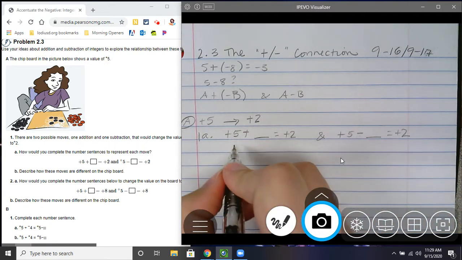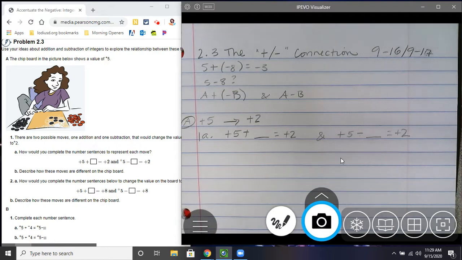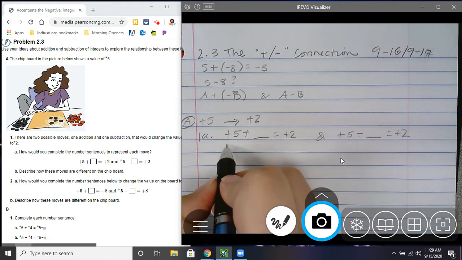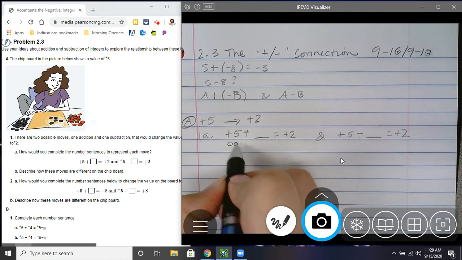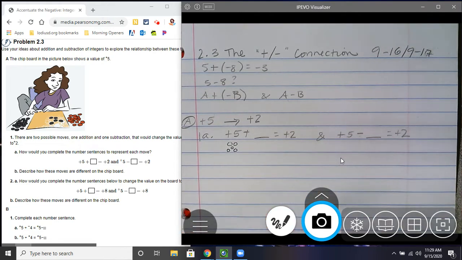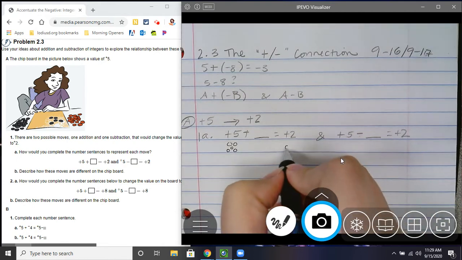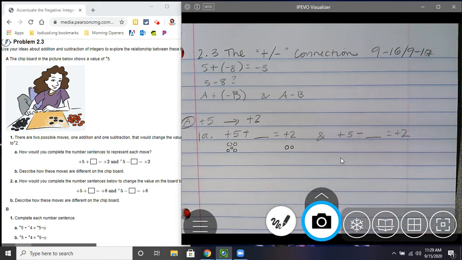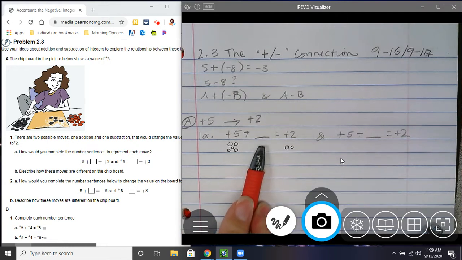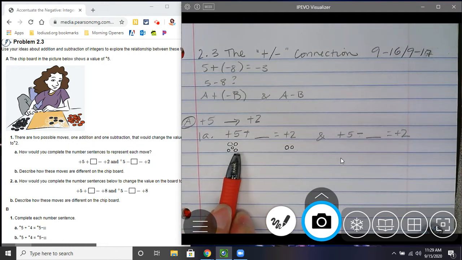So if we have the 5, I should probably do colors for this one so that you can see what we're talking about. So if we have 1, 2, 3, 4, 5 black chips, and we only have 2 left over now, what could we put here to get rid of 2 of these?